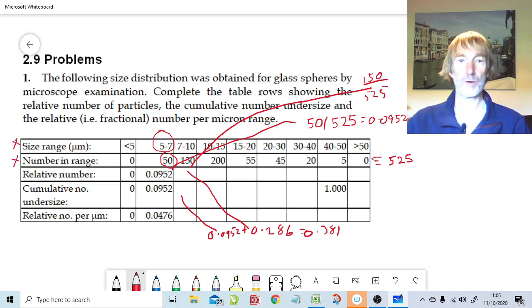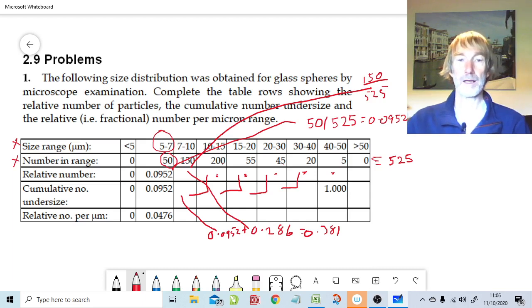I mean, clearly we're dividing 200 by 525 to get the answer for that, 55 by 525 for that, 45 by 525, 20 by 525, and finally 5 by 525. And then for the actual cumulative values, we're just adding the relative number in the range to the previous value until we've summed all the way up.